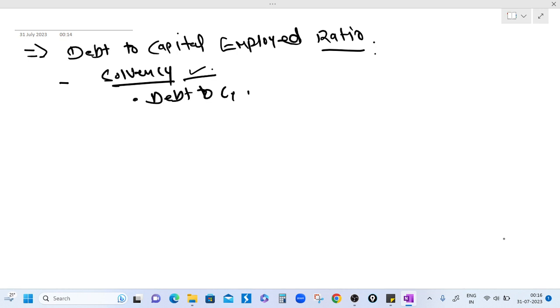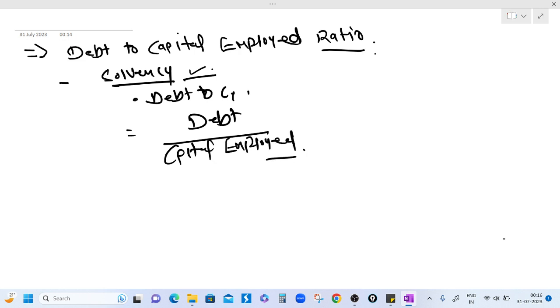So from the name only you can identify the formula: debt to capital employed. Now what is the meaning of debt? Here debt means only long term debts.